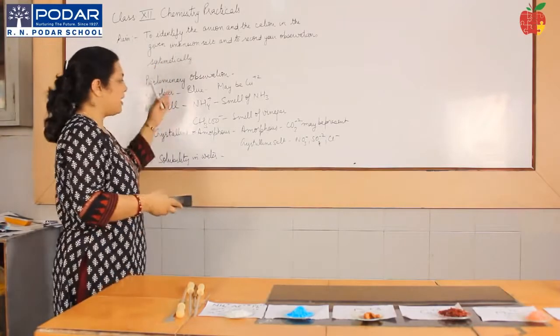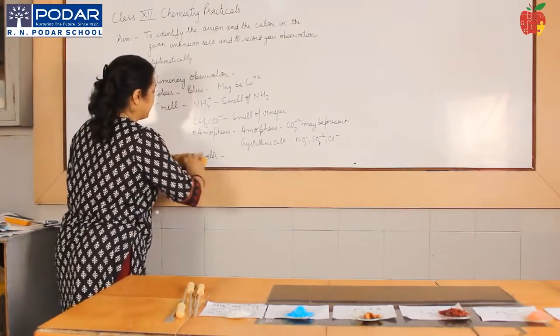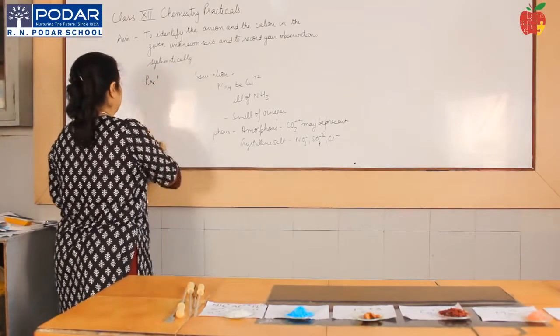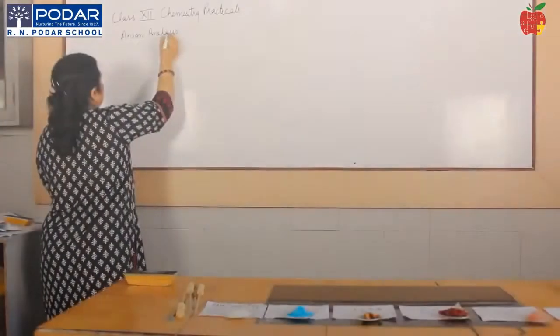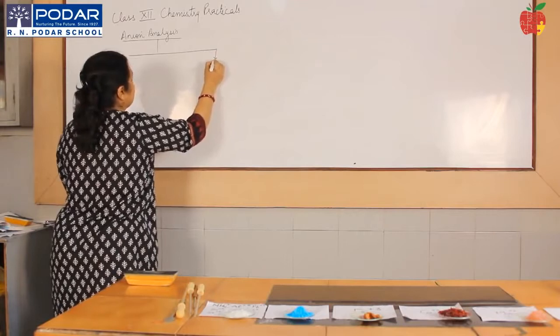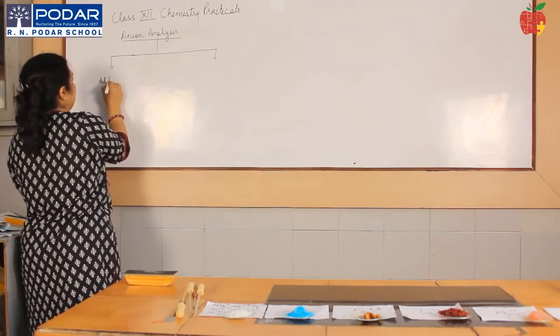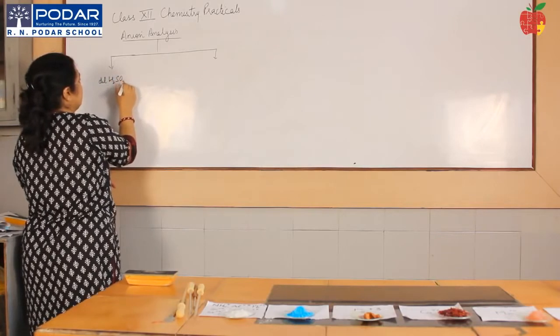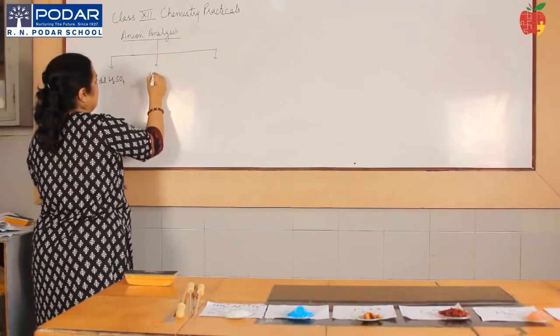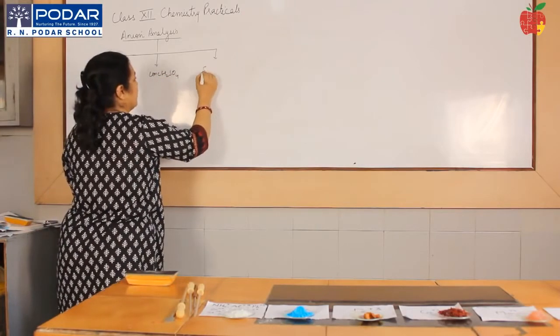Once you have noted down your preliminary observation, then we move on to the anion analysis. Now this is divided into three groups. Dilute H2SO4 group, then concentrated H2SO4 group, and then special group.